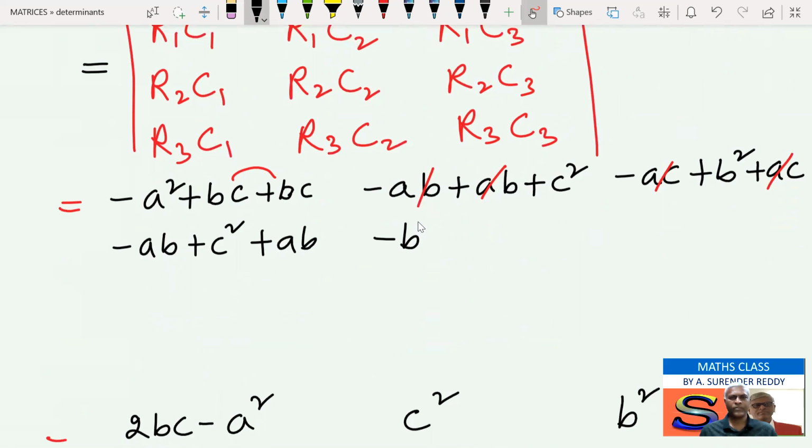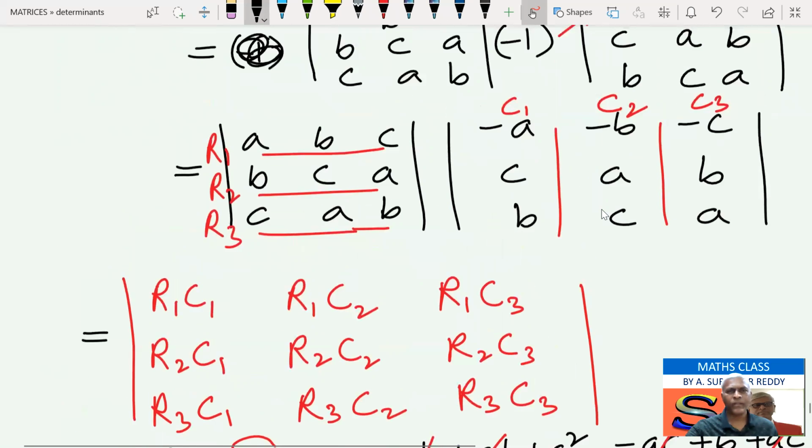Next R2 C3: B into minus C, minus BC, C into B, plus BC, A into A, plus A square.